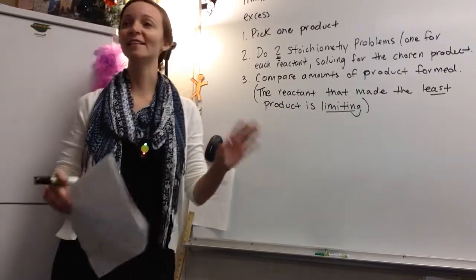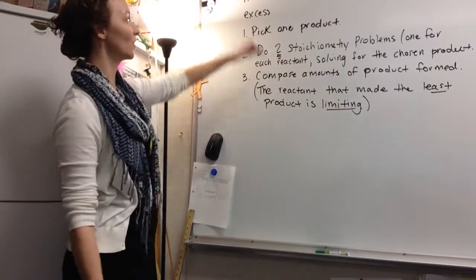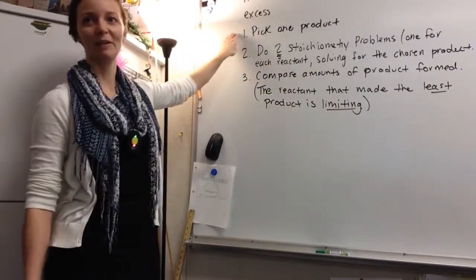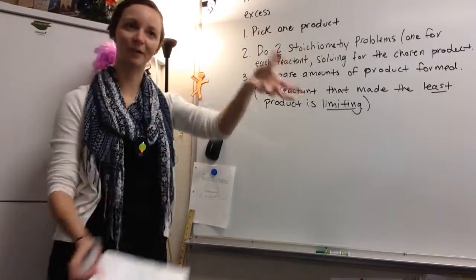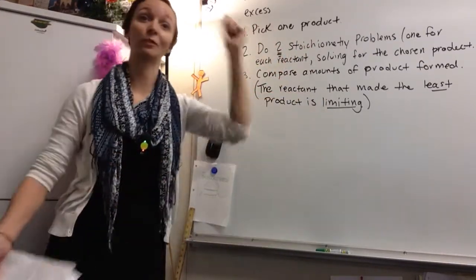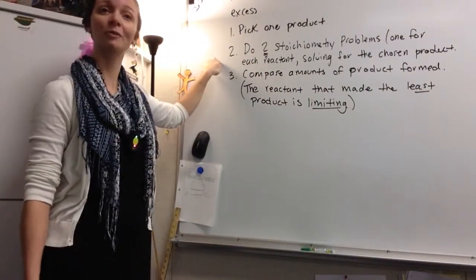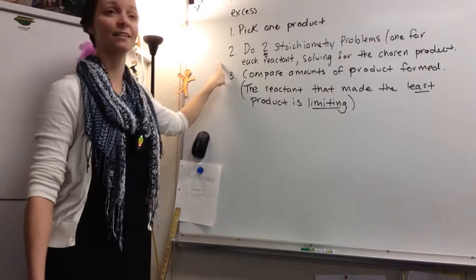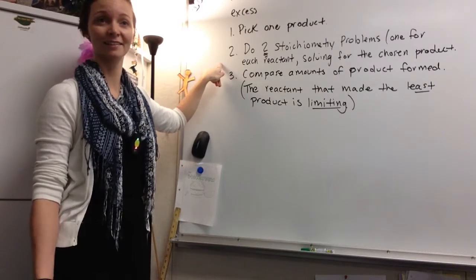Okay, so let's just walk this through in terms of concepts with the hot dogs again. What's the product that we make when we have hot dogs and buns? Yeah, the complete hot dogs, the bun with the dog within the bun, right? There's only one product, so that's our one product. We would do 2 problems. If we start with 7 hot dogs alone, how many complete hot dogs could we make? 7.